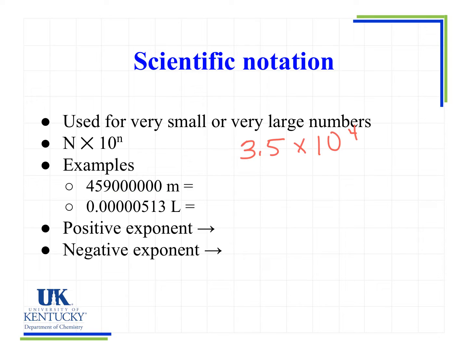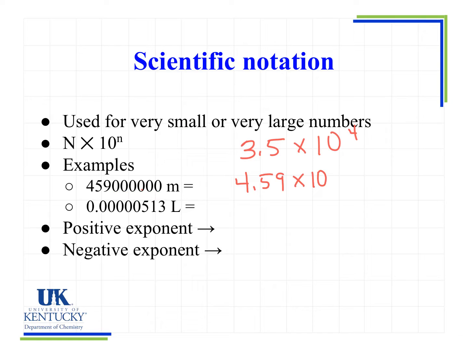So when I look at my number here, 459,000,000, instead I can write this as 4.59. Notice that I have one digit to the left of the decimal place, and then I'm going to put times 10. But I've got to figure out what my exponent needs to be, so I'm going to count the number of decimal places that I moved the decimal point in writing it in scientific notation.